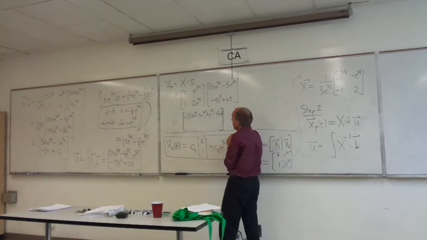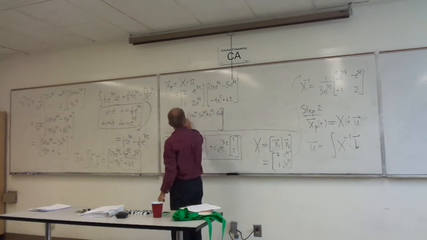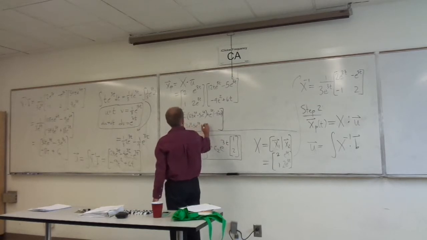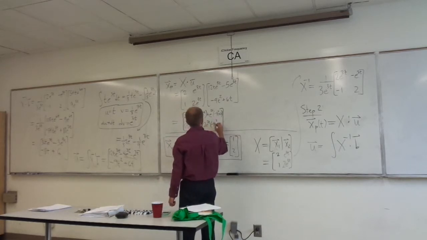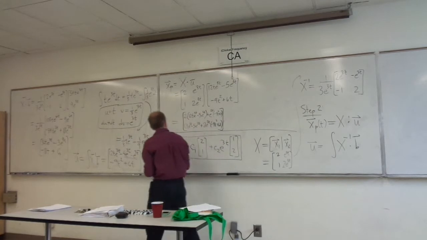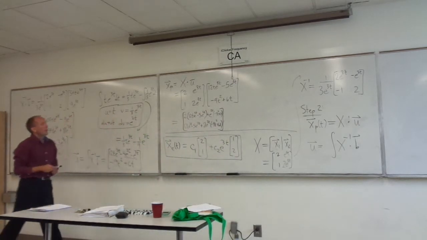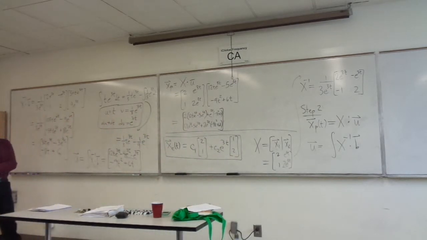And on the bottom line, we're going to have 1 times the top entry, which was 12t e to the 3t minus 5 e to the 3t, and then plus 2 e to the 3t times negative 9t squared plus 6t. There's your particular solution.